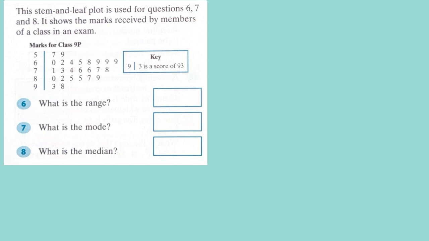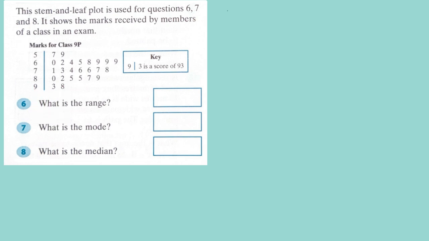Now, if you want to find the range, that means you want to find the lowest and the highest mark. Now, the lowest mark is obviously going to be the one with the 50, 57, and the highest mark is going to be all the way up to here, but it's obviously not 93, it's 98.